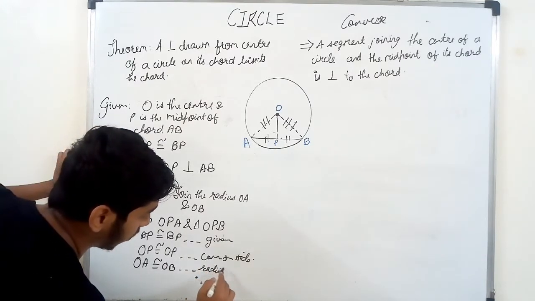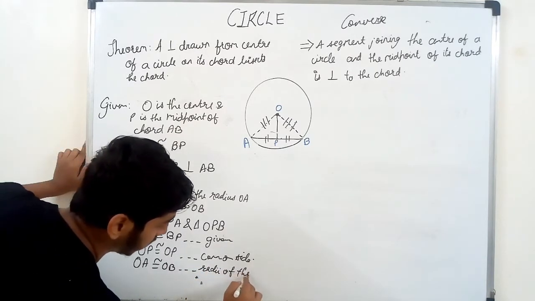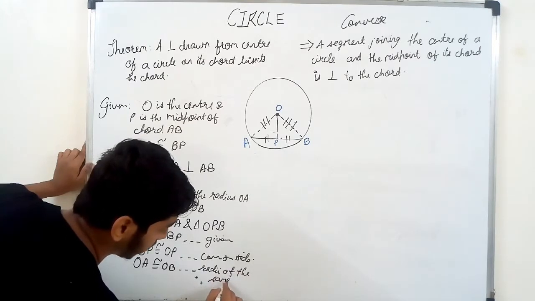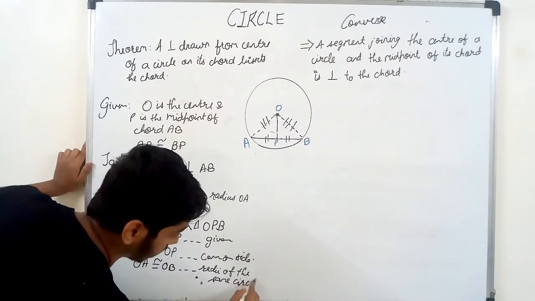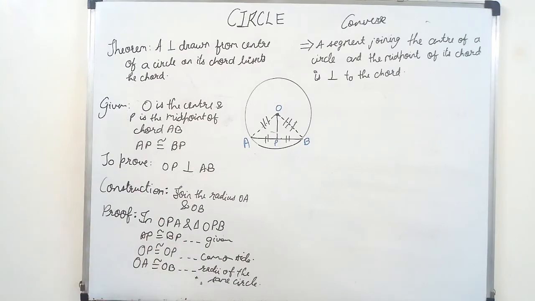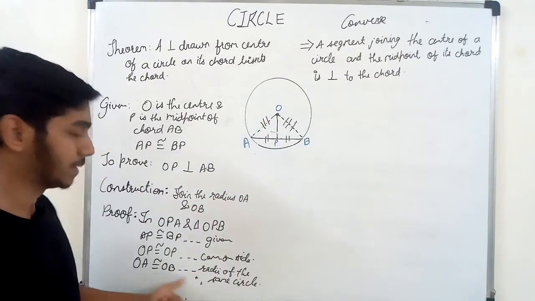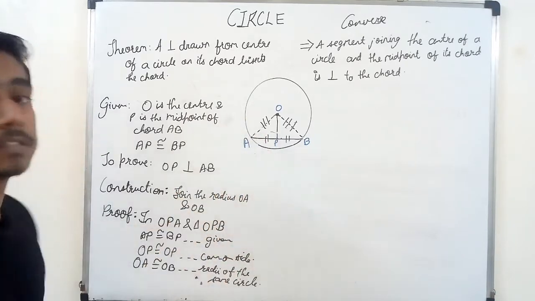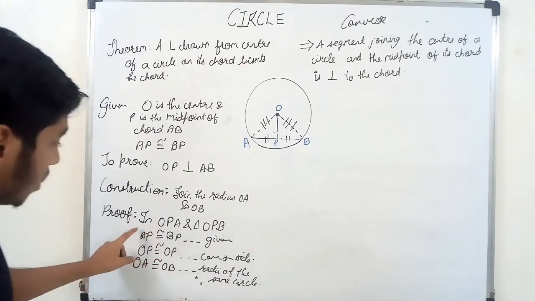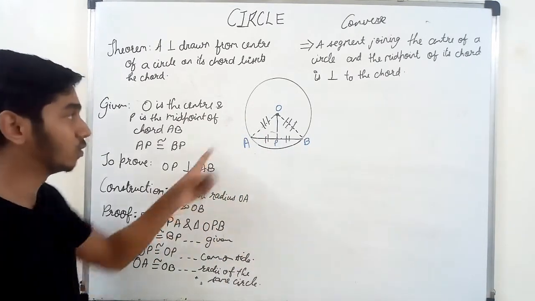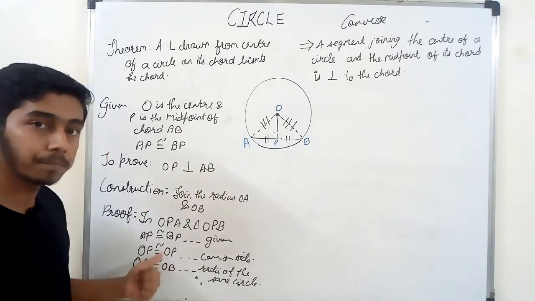Radii of the same circle, correct? So radii of any circle, it can be any radius, will always be the same for that particular circle. So now if you see, all three sides of the two triangles are congruent, correct?